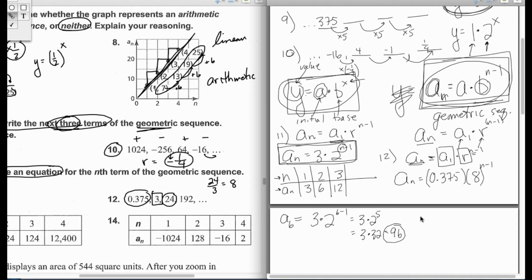Remember, we're going to find a sub 6. So the sixth term means I put 6 in for n. 0.375 times 8 to the 6 minus 1. And now you take out your calculator and find out what 0.375 times 8 five times is. You can do that on your calculator. Okay?